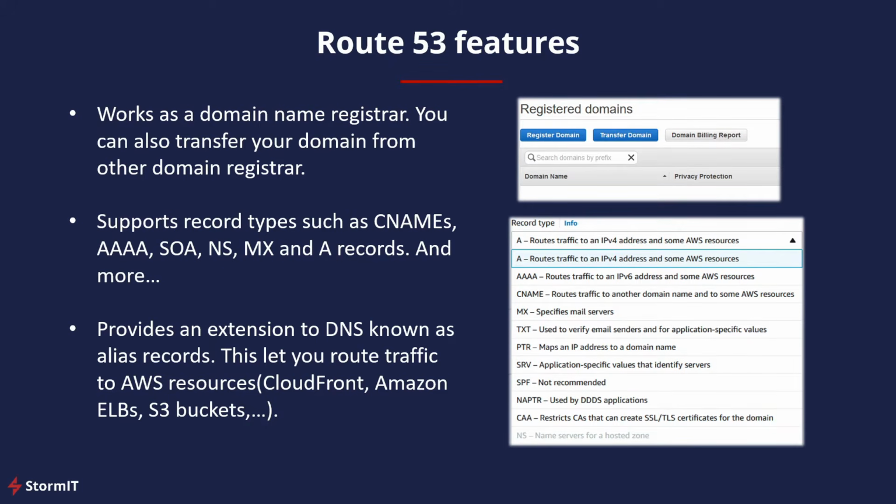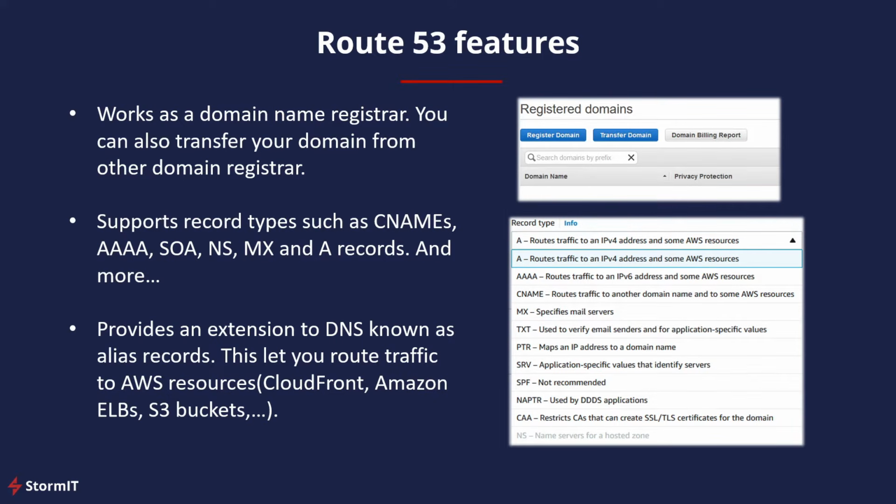So what about Route 53 features? It works as a domain name register. You can also transfer your domain from another domain register. It also supports any of the most common record types such as CNAMEs, SOA records or NS records or any other most common records.